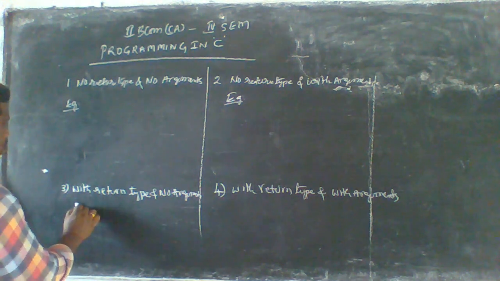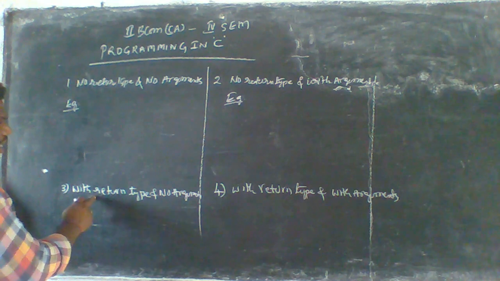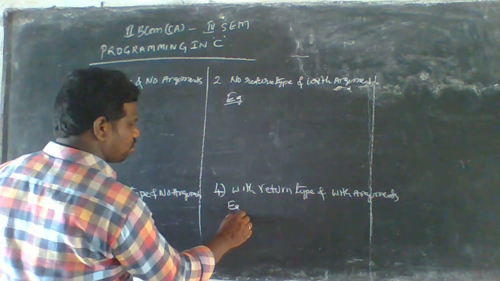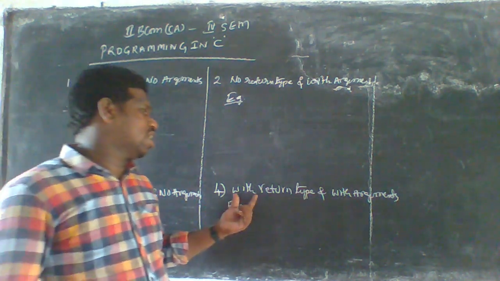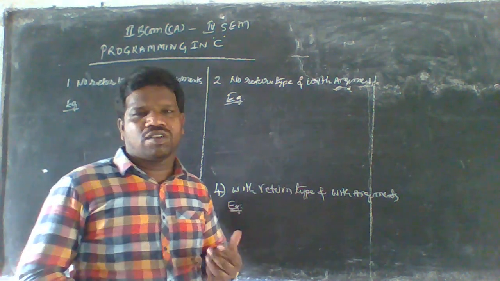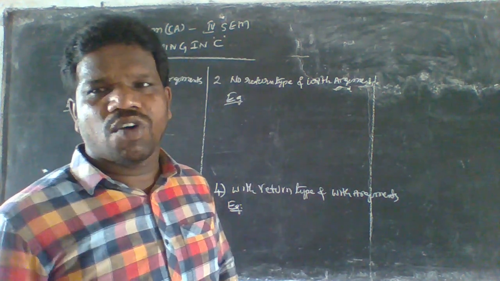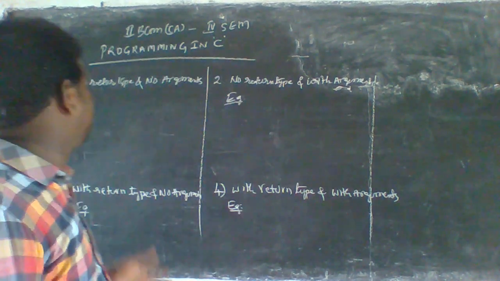In this session, I am giving the example here. There is a return type and there are no arguments. In this session we have to see all the return types and arguments also, which we can specify here. Let us see how it is declared here. I'm going to give the example now.